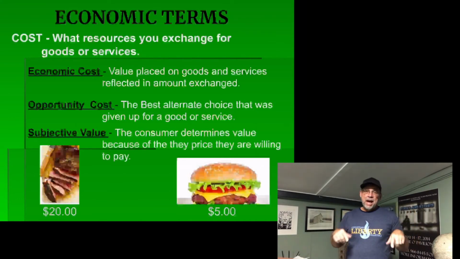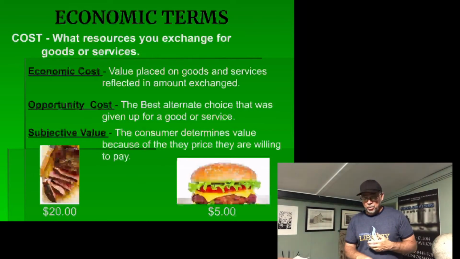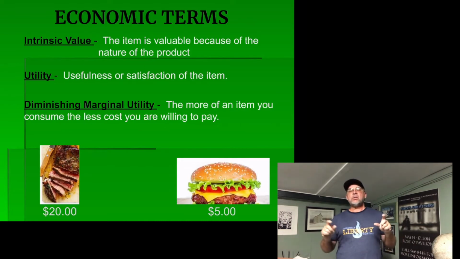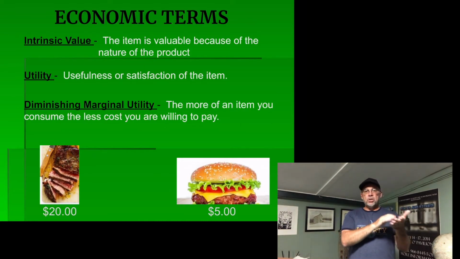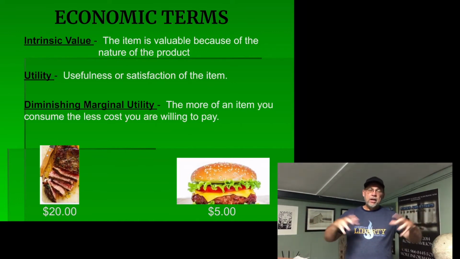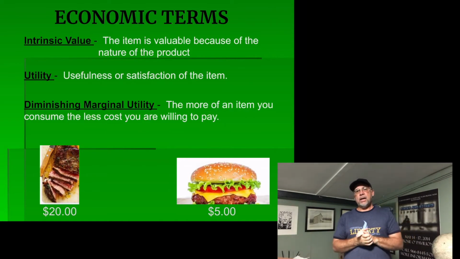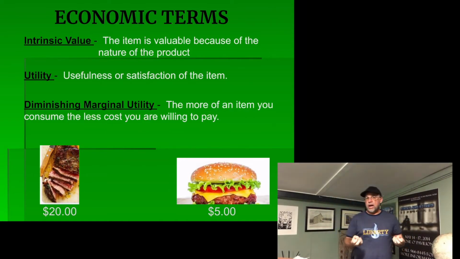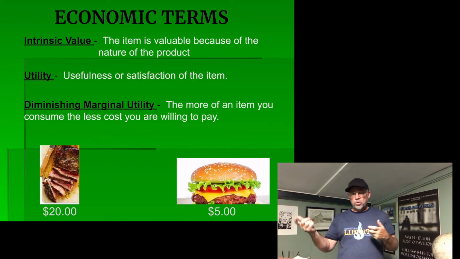Now, the manufacturers and the retailers and the wholesalers are basically putting what they call intrinsic value on it. So when you go into a store to buy something, you see the cost there, they're telling you this is the intrinsic value of that item. And there's a lot of different variables that come into play for the cost of that item. The item is valuable because of the nature of the product, the purpose of the product, or the utility of the product.